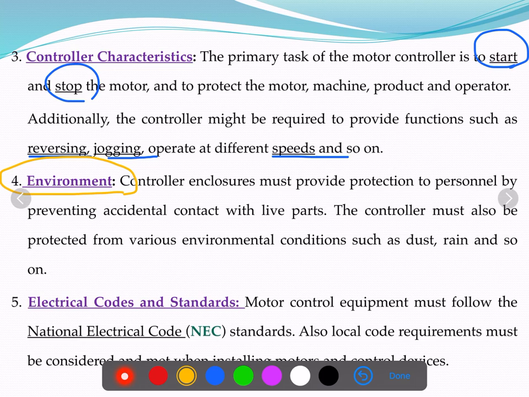Finally, you have to consider any international standard adopted in the world of motor control. So following electrical codes and standards is important. An example of a worldwide standard is the National Electrical Code, the NEC, which is strictly followed in the UAE.